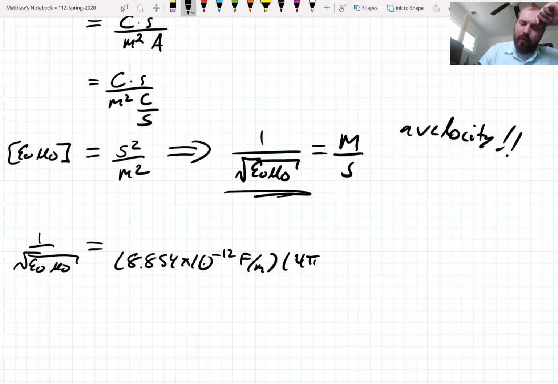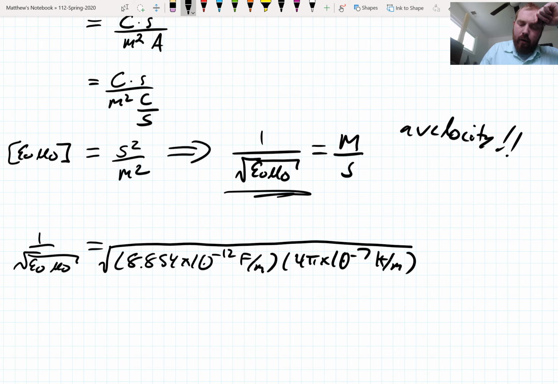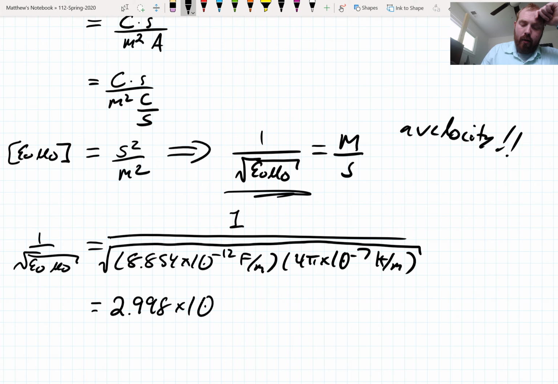Times 4 pi times 10 to the minus 7th henry per meter. We're going to square root that quantity, evaluate 1 over that, and we'll find this is 2.998 times 10 to the 8th meters per second.